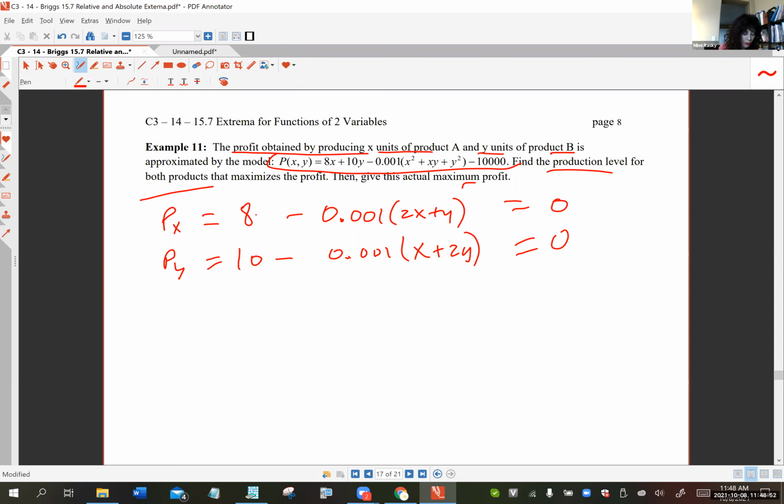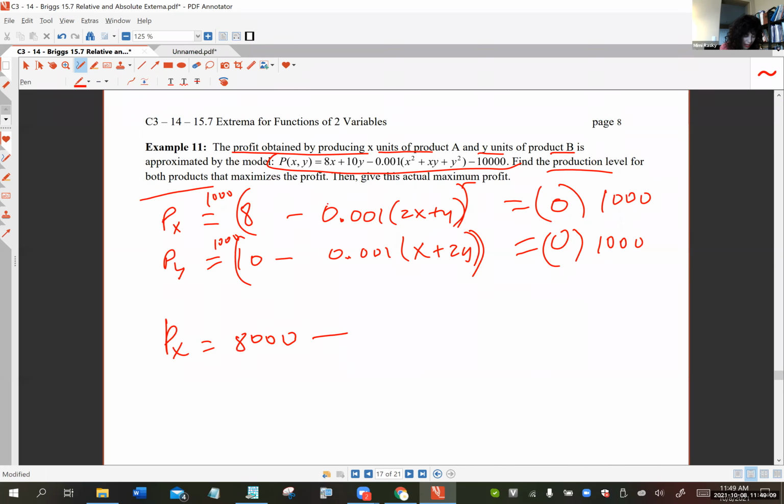That's fine. But what I'm going to do is multiply both sides of both equations by 1,000, because I can. So my P_x is going to look like, after I multiply both sides by 1,000, 8,000 minus, this thing goes to 1, so it's just the quantity 2x plus y, and 0 times anything is 0.